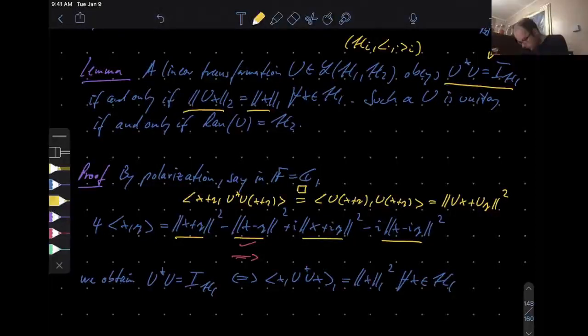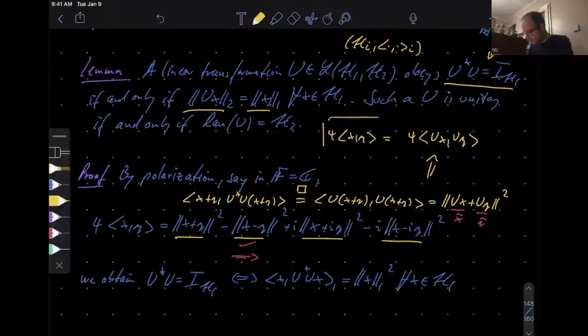And this you do for all four norms on the right hand side. All that you have achieved now is you've replaced x by this x tilde and y by this y tilde, right? So by the polarization identity, this would give you on the left now 4 times the inner product of ux with uy, but you started with 4 times the inner product of x and y, right?